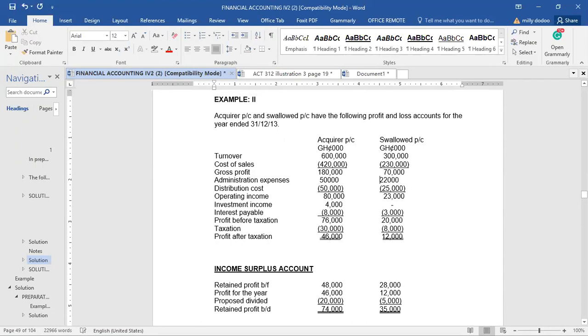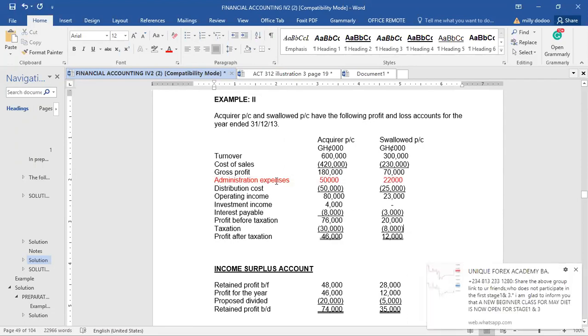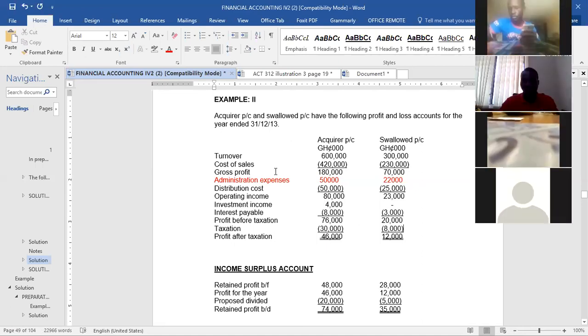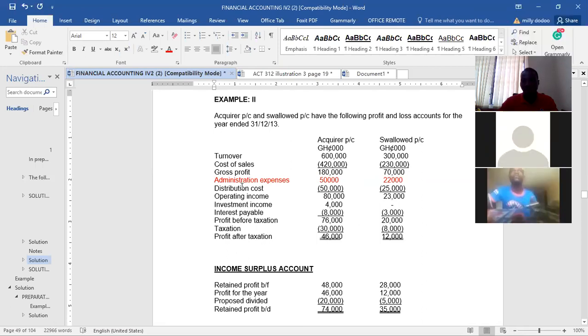So in the second question that I posted on the page, these two were omitted from the question. So you fix them in over there so that when you are learning, it will help you understand, so that you don't ask yourself where this particular one comes from. Is that right?